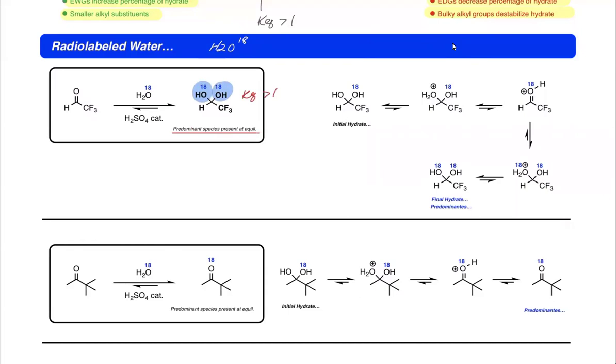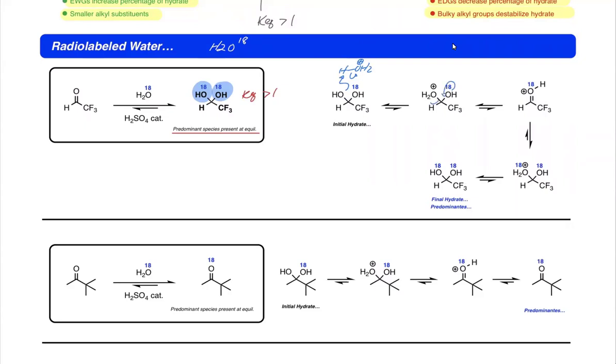Let's break that down. If we imagine going through the hydrate formation mechanism, the initial hydrate would have 1 O18 oxygen in the structure. But remember, we can reform the carbonyl, then generate hydrate, reform the carbonyl, then generate hydrate. So after we generate the initial hydrate structure, that oxygen, which is not radiolabeled, could be protonated. That would create a water leaving group.